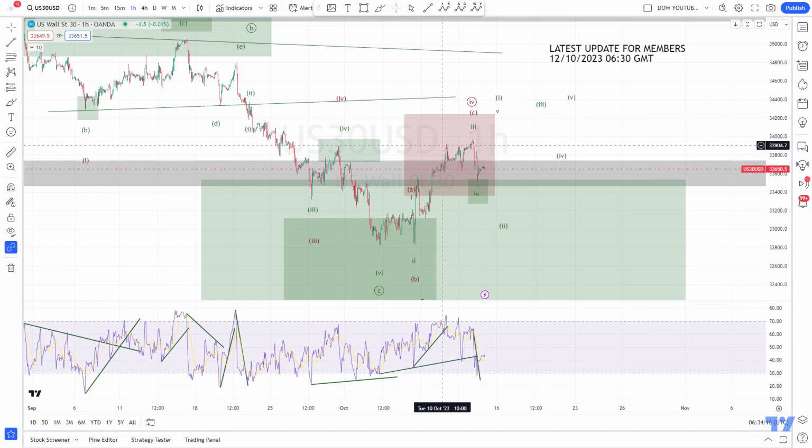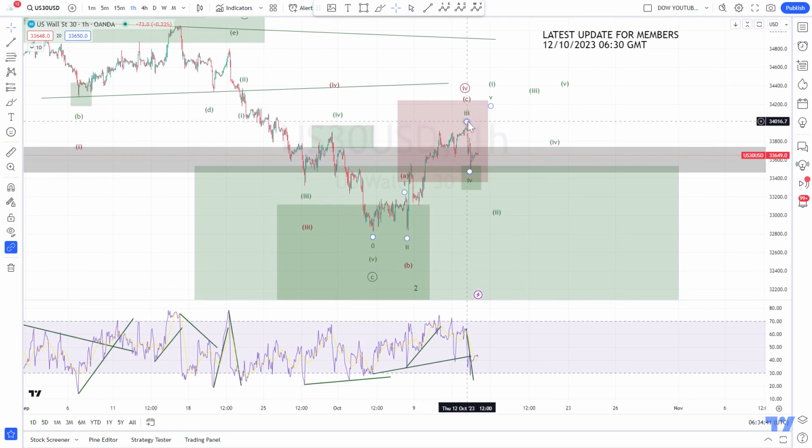But I believe in my yesterday's video, my wave 3 and 4 were situated here, if I remember well. I'm not sure because every day I update the charts during the day, but I think it's more appropriate to say that this here is actually our wave 3.